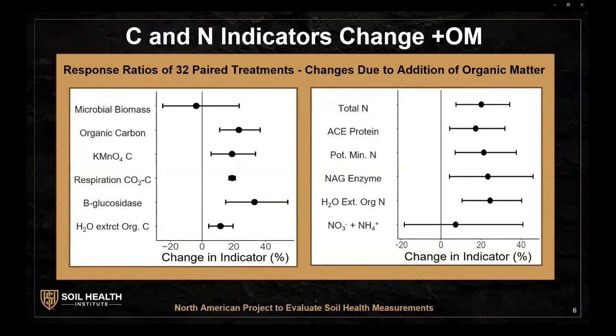One of the ways that we have always analyzed whether or not a measurement should be used as a soil health indicator is whether or not it is sensitive to management. To do that part of this assessment, we used a meta-analysis approach called log response ratios. Within each site, we paired treatments that only had one difference.